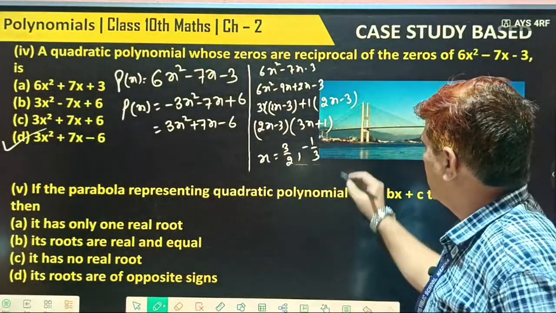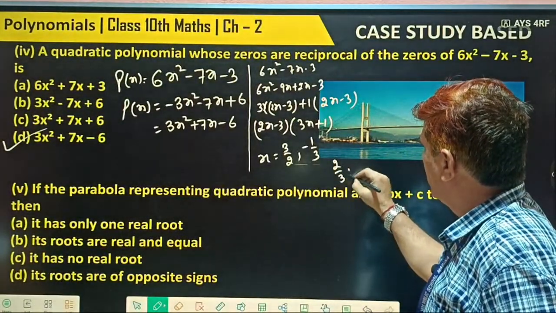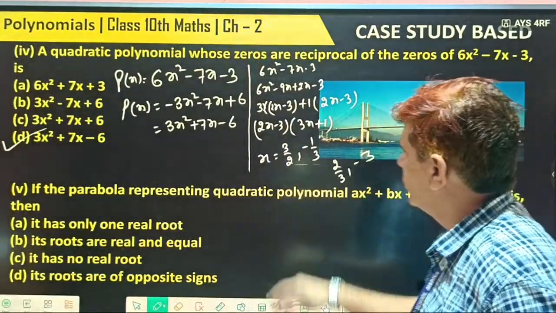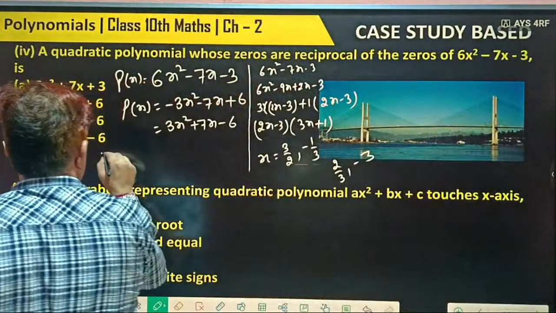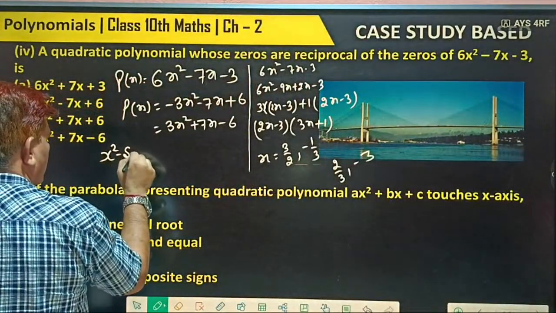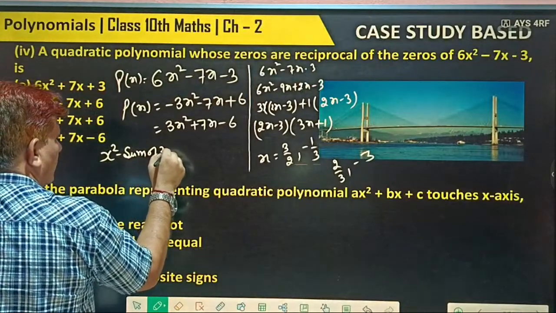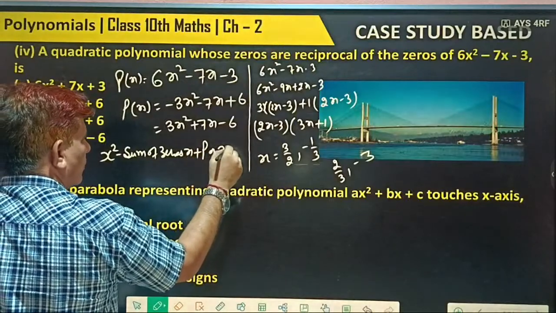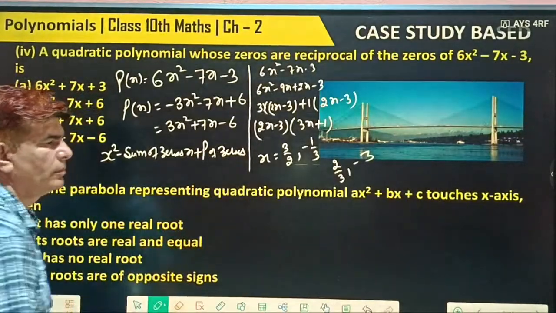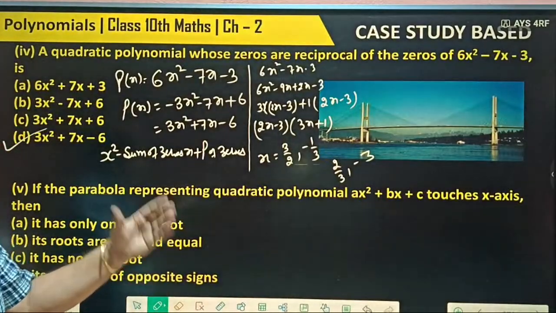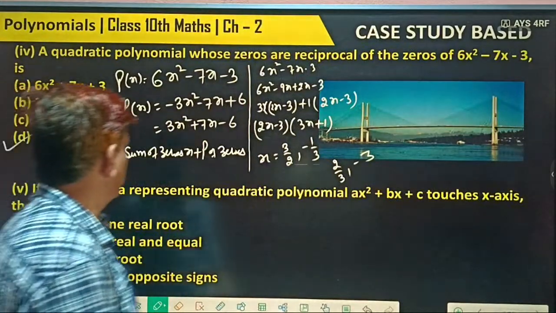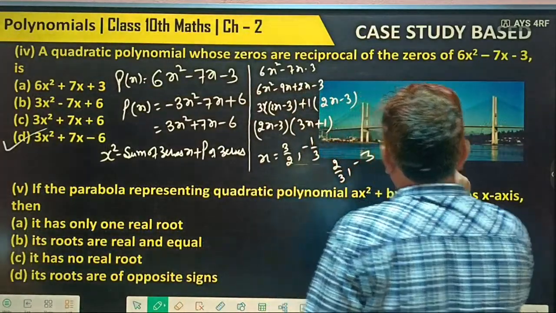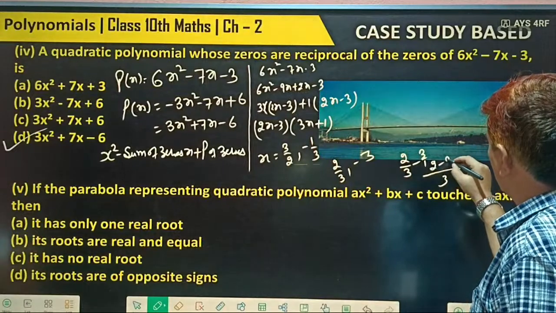And the reciprocals of these become 2 by 3 and minus 3. Then again you can apply which method? x square minus the sum of zeros into x plus the product of zeros. The sum of zeros is how much? 2 by 3 minus 3 by 1. What's your LCM? 3. 2 minus 9, how much?